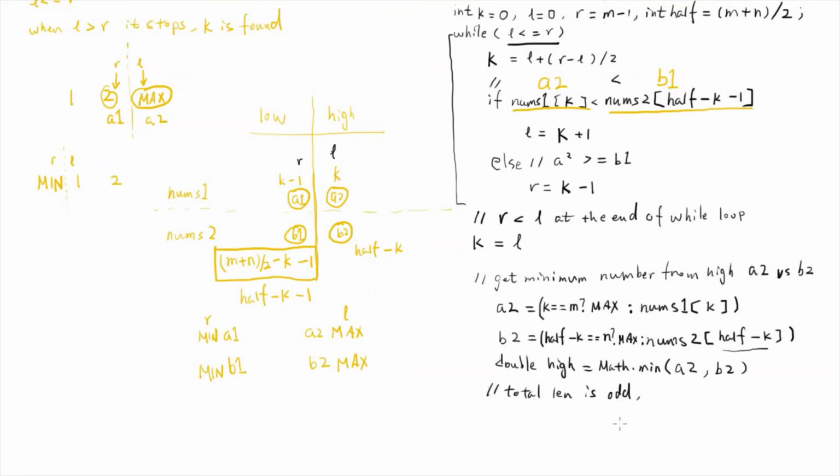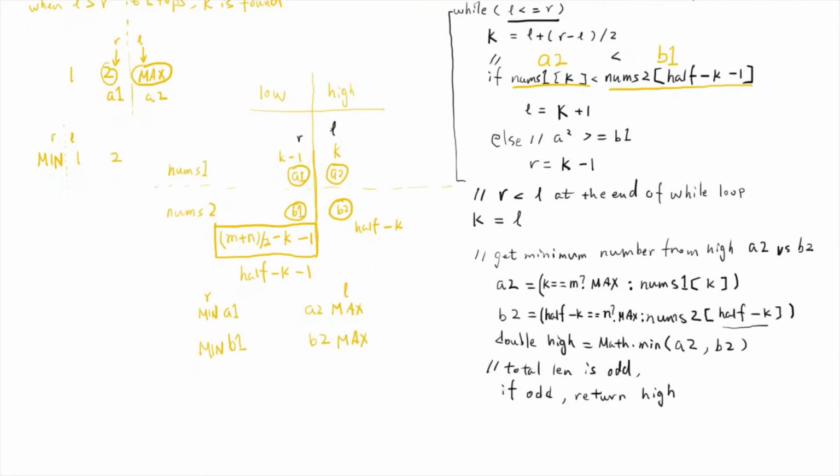So we can simply return the high. If odd, return the high. Otherwise, we will get the number on the lower side. So here we'll get the maximum number from the lower side.